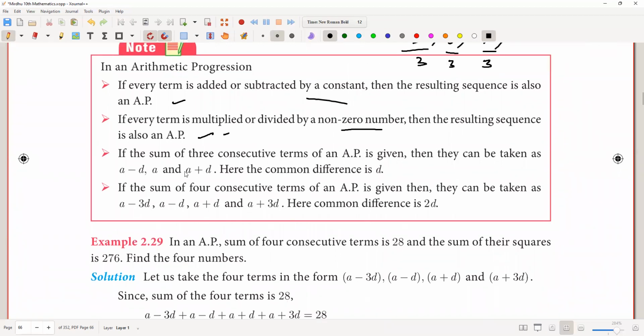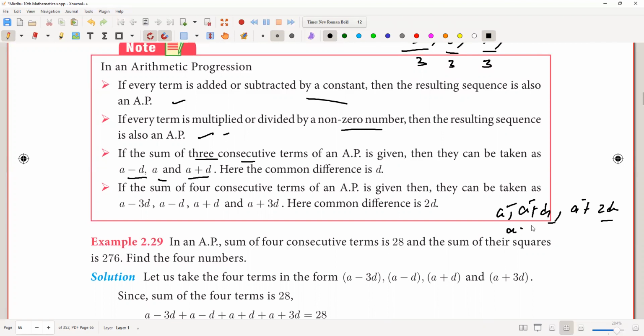Okay. If the sum of three consecutive terms is given, we have to take A minus D, A and A plus D. If the sum of three consecutive terms, we can take A, A plus D, and A plus 2D, but since it's a sum, we'll be getting 3A plus 3D. Right?